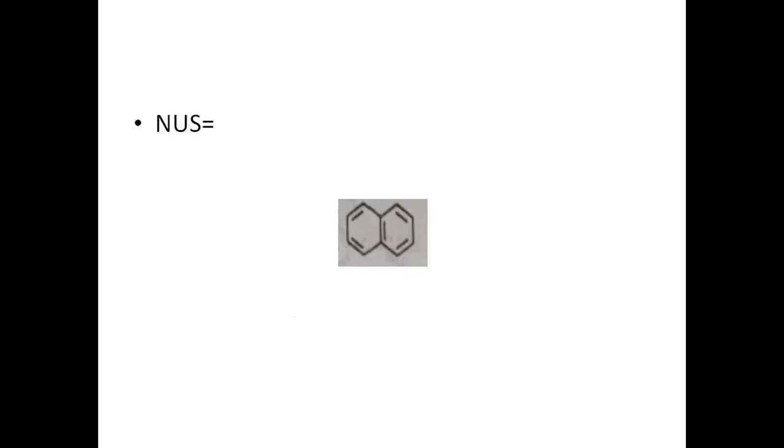Now you see how it will show two types of PMR signals. One signal is due to these 4 hydrogen atoms, which are of one type: 1, 2, 3, 4. The numbering may be different, but I am counting the number.